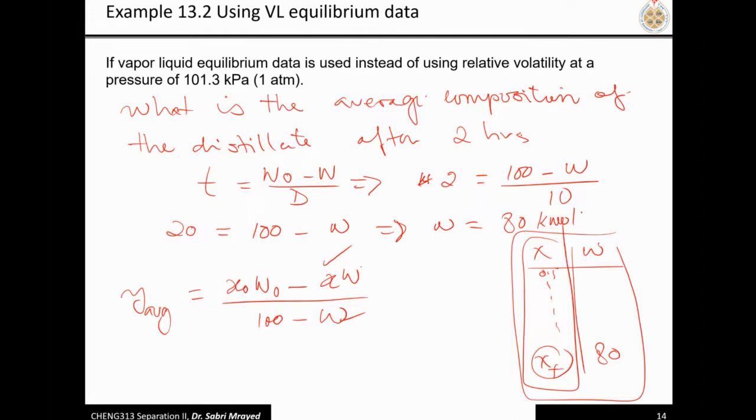He will tell you, for example, what is the average composition of the distillate when x is equal to, let's say, from 0.5 to 0.1. So now it is easier. There is no trial and error. All you have to do is divide it 0.4, 0.3, 0.2, 0.1 here.